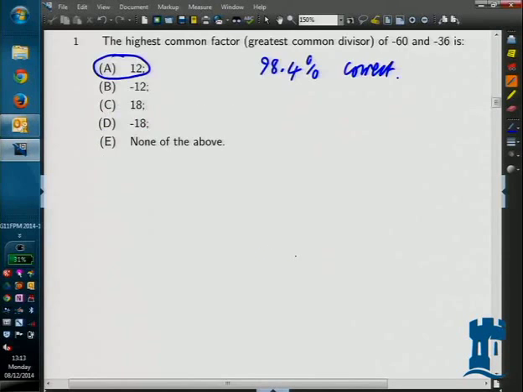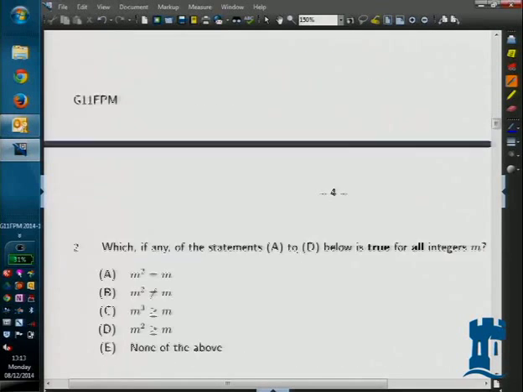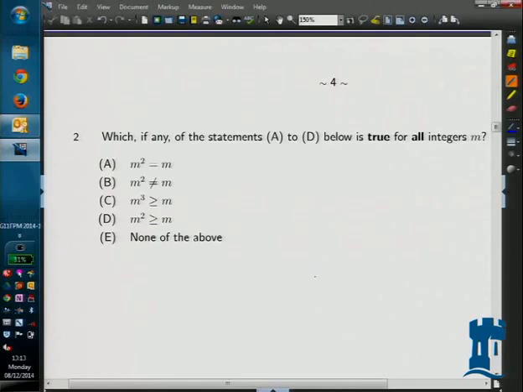Okay, so I'll move on from there to question 2. Which, if any of these statements, is true for all integers? Let's have a look. 93.7% correct, so not quite as large a percentage, but still most people getting this one right.